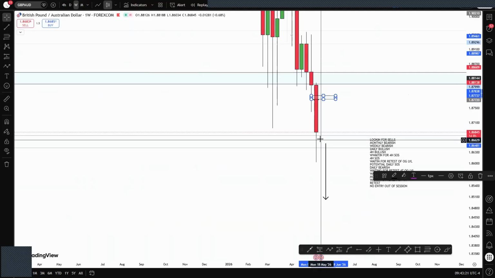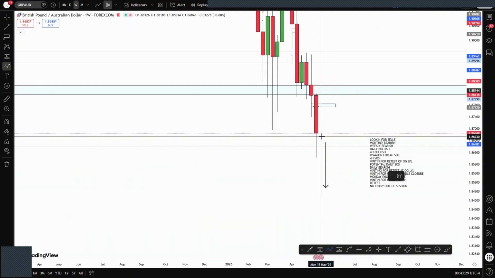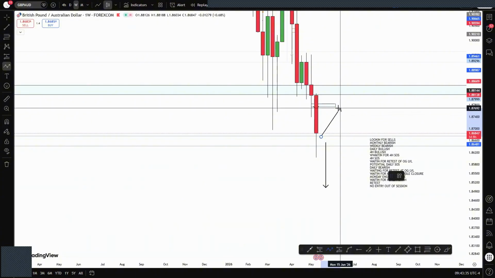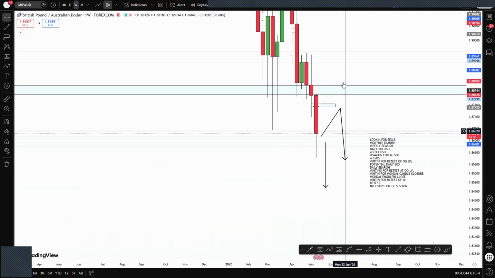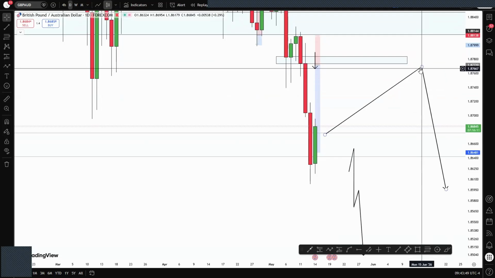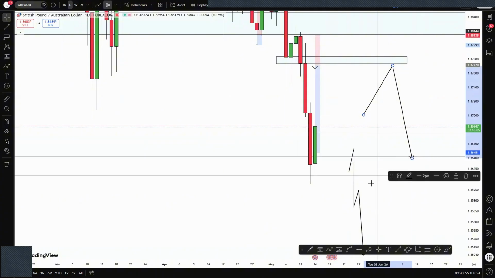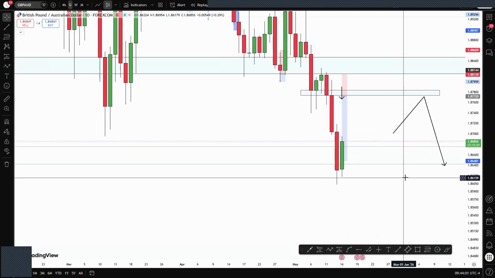What does this tell me? This tells me that next week price might need to have that deeper retest of the weekly time frame and a continuation to sell. In short, something like this has to happen here, and that makes us at least take our hands off this pair for maybe next week and just watch and see what really happens.